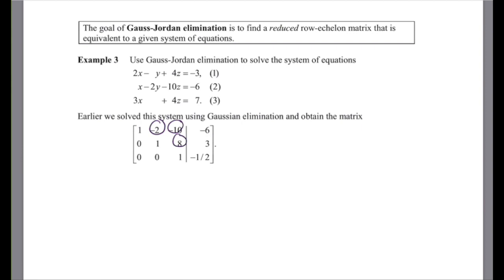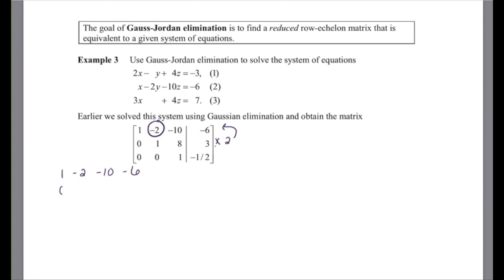Notice how I worked with the last one: I worked left to right, top to bottom. So I'm going to first start with getting negative 2 to be a 0. To do that, I'm going to multiply my second row by a positive 2 and add it to the top row. I don't need to multiply anything by the top row, so I'm going to leave it as 1, negative 2, negative 10, negative 6.